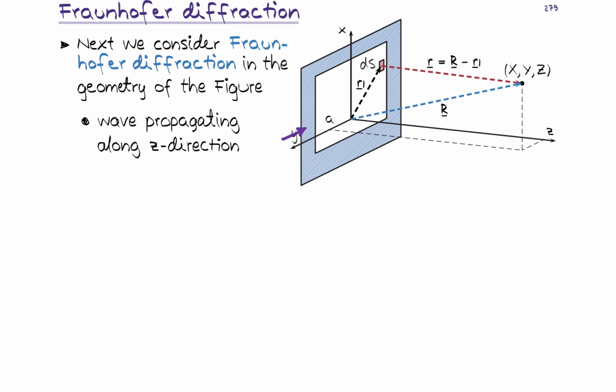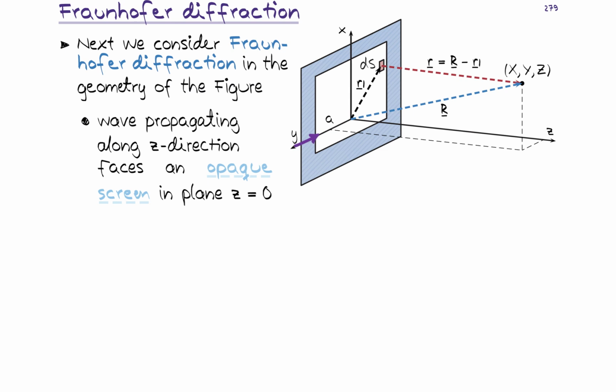The wave is assumed to propagate along the z direction, as is often the case, z as in propagation, and here it is facing an opaque screen at the plane z equals 0, and only a tiny portion of the slit or aperture is open for light to propagate through, with a size of the order of a here.